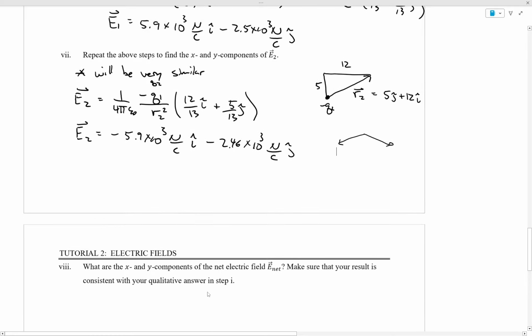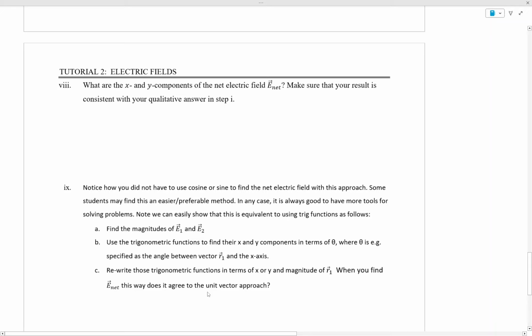So what's our last step here? We want to add the x and y components together. Like we just said, the i hat components cancel.